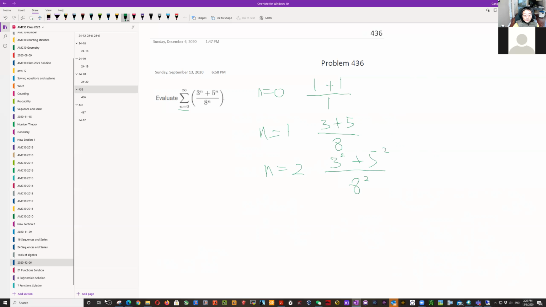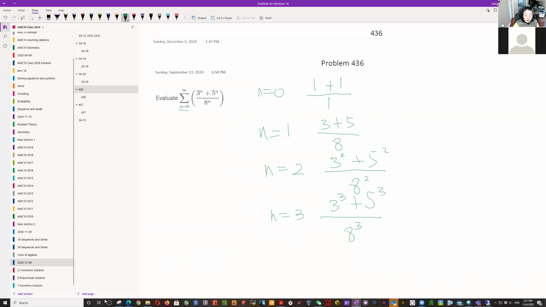If you do n equal to 3, then you will get 8 cube and 3 cube plus 5 cube. So it's an infinite series, and there's no multiple relationship between the second term and the first term, and the third term to the second term.